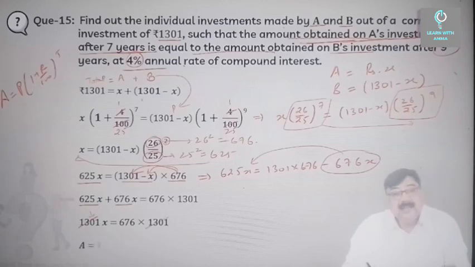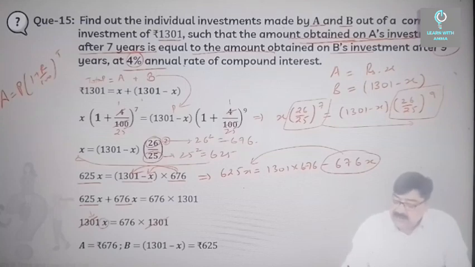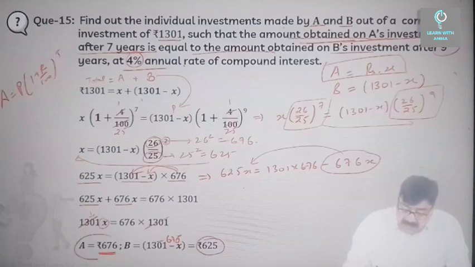which cancels here. So X, which is the amount invested by A, is rupees 676, which when reduced from 1301 amounts to 625. So A here has invested 676 for 7 years at 4% rate of interest, and B has invested 625 for 9 years at 4%.